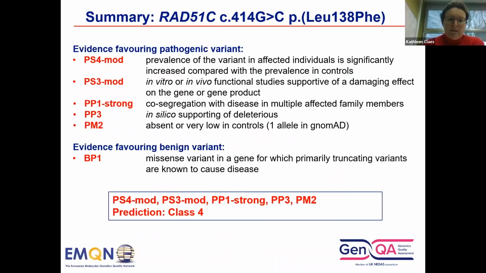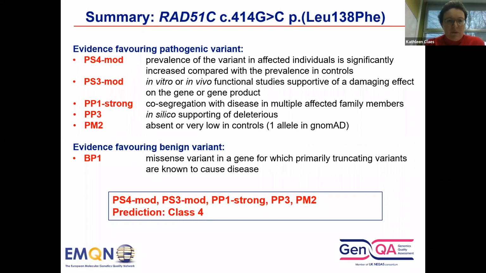So to summarize, for PS4 moderate, there was only one allele in gnomAD, while the prevalence in affected individuals is increased compared with the prevalence in controls.